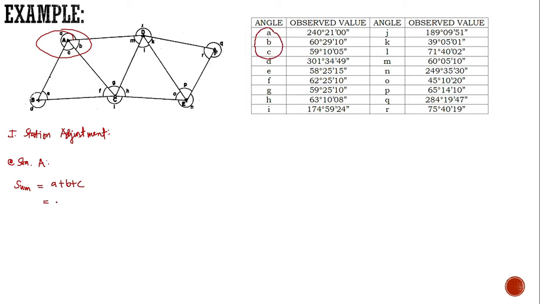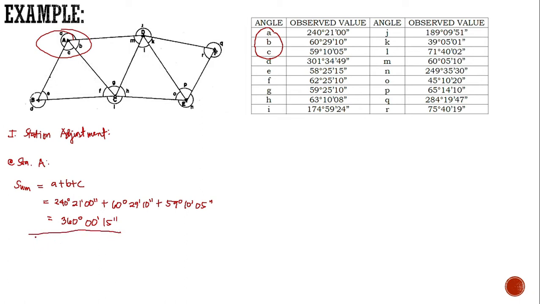For A, we have 240 degrees, 21 minutes, and 0 seconds, plus our B, 60 degrees, 29 minutes, and 10 seconds, plus our C of 59 degrees, 10 minutes, and 5 seconds. So the summation of these angles is equal to 360 degrees, 0 minutes, and 15 seconds.